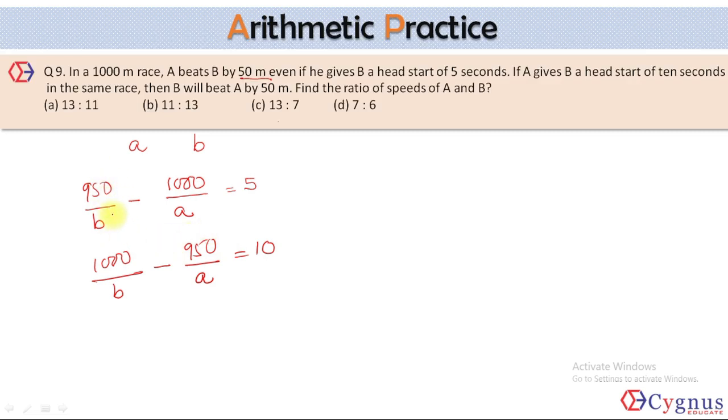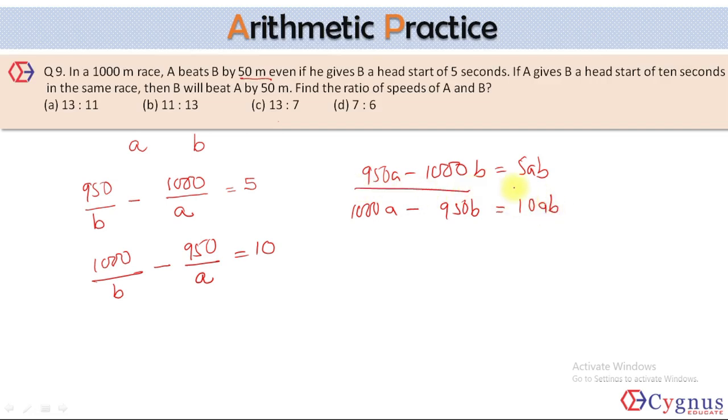Now this is 950/B minus 1000/A is equal to 5. So if you cross multiply them, what will you get? 950A minus 1000B is equal to 5AB. Similarly, when you solve it here, you will get 1000A minus 950B is equal to 10AB.